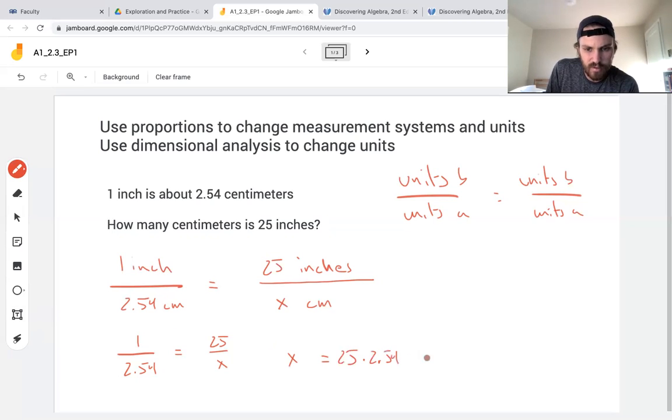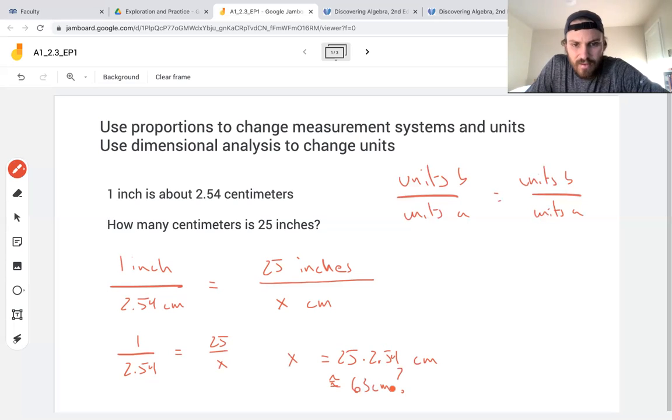And that's going to be in centimeters, and you could find what that number is. It's probably, let's see, 25 times 2 is 50, and 25 times 0.54 is probably about 13. So I'm guessing that it's around 63 centimeters, maybe. That would be my guess. Okay, so that is using a proportion basically to change measurement systems.